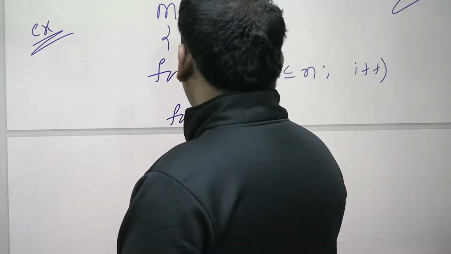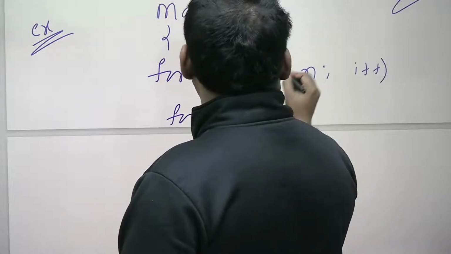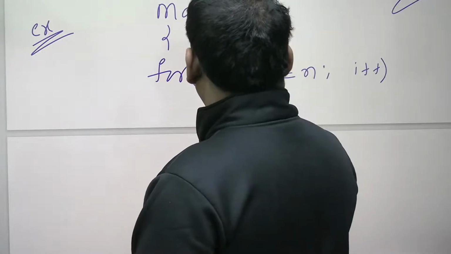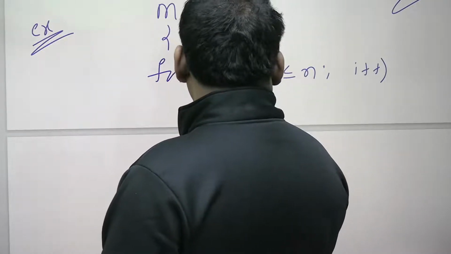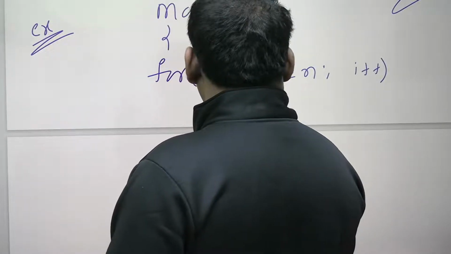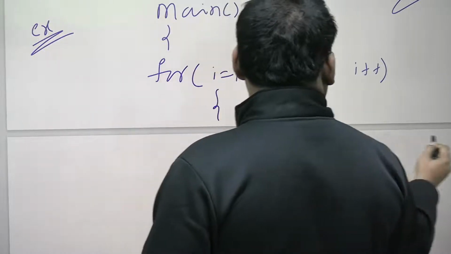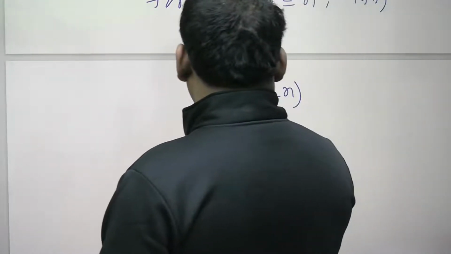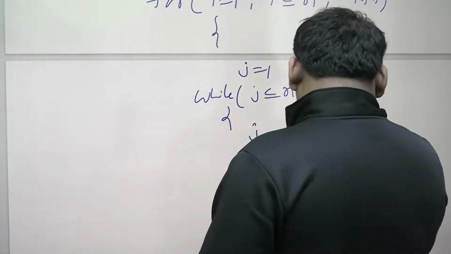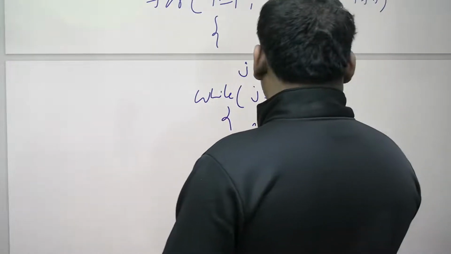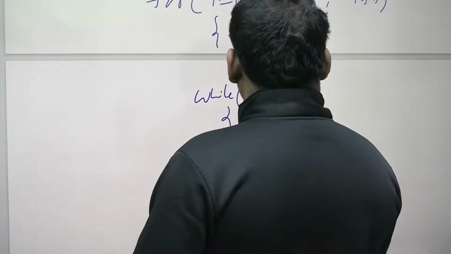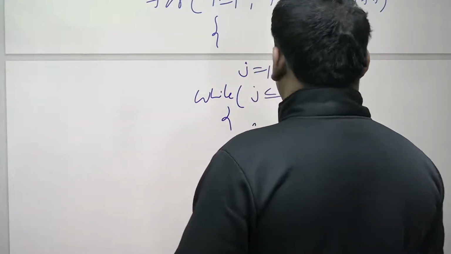For j equal to 1, while j less than or equal to n, j is equal to 2 into j, x is equal to x into n.